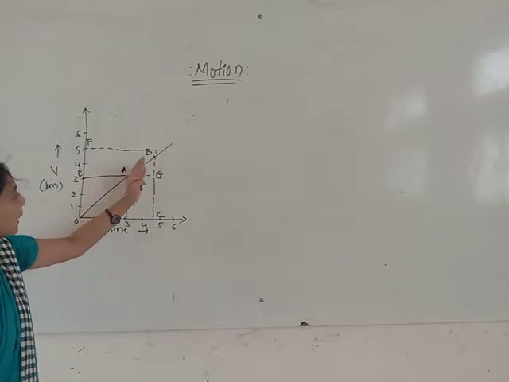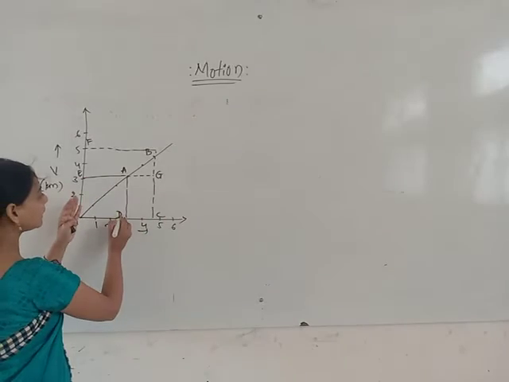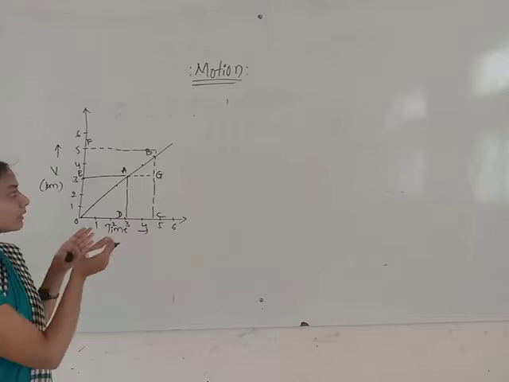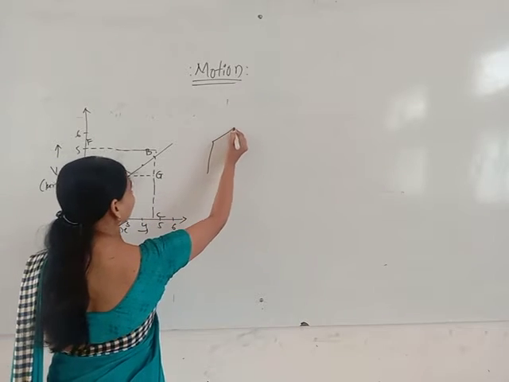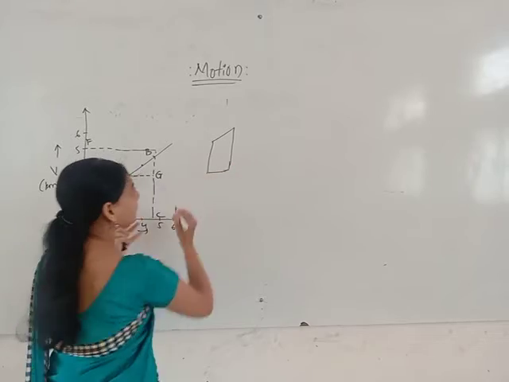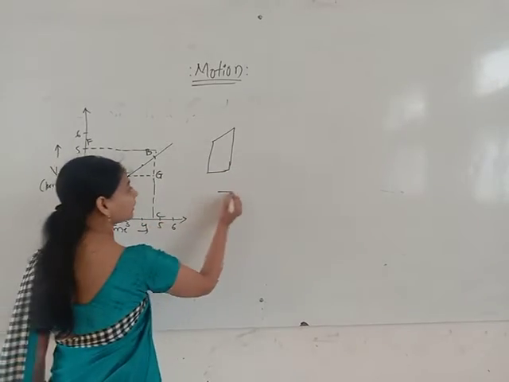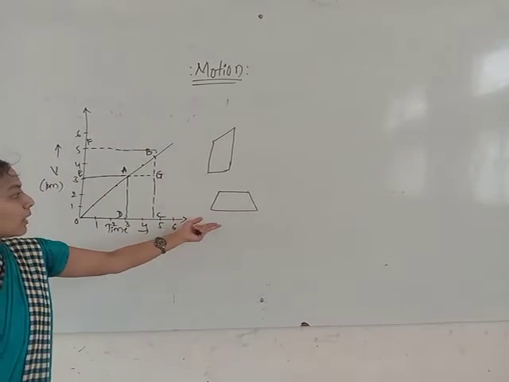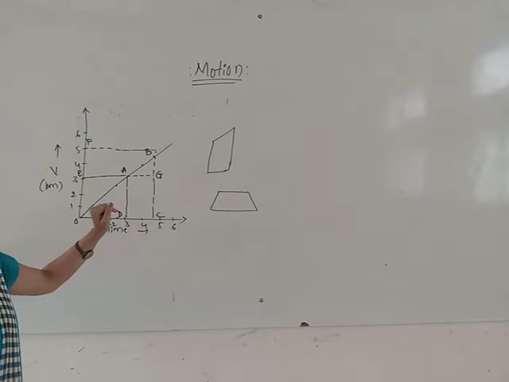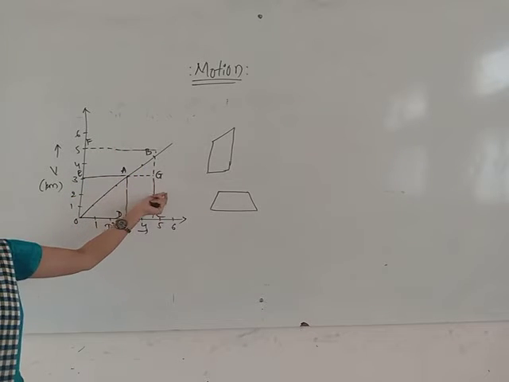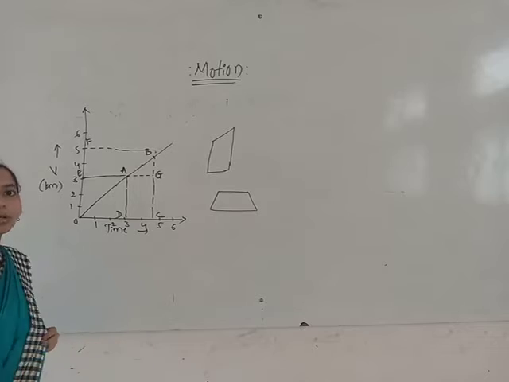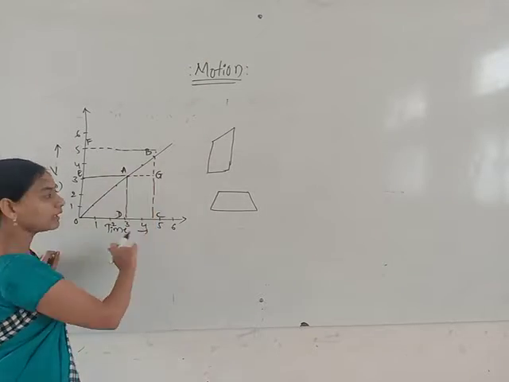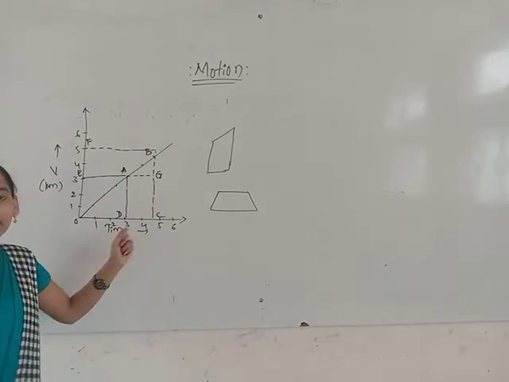If we take it as a whole, that is DABGC, we can call it a trapezium. Or if we don't know the area of the trapezium, at that time we can take it as the ABG triangle and the AGDC rectangle.